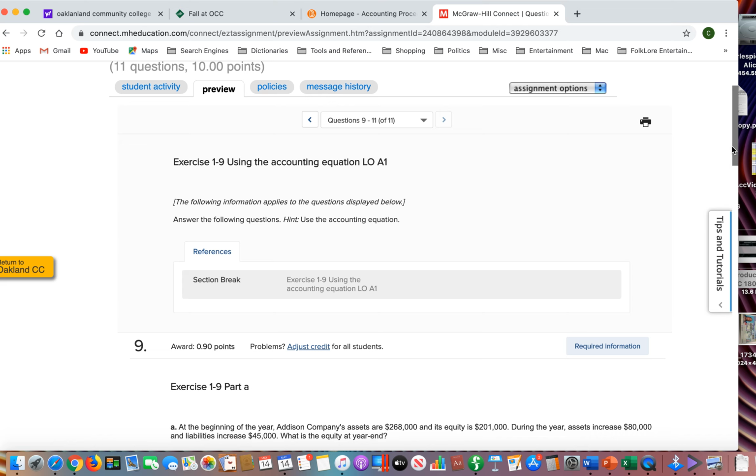Just think about that. I want you to take out a piece of paper or something. We know that we started with $268,000. We know that the equity is $201,000, so you had to have $67,000 in liabilities. Now, during the year, assets went up $80,000. Liabilities went up by $45,000.